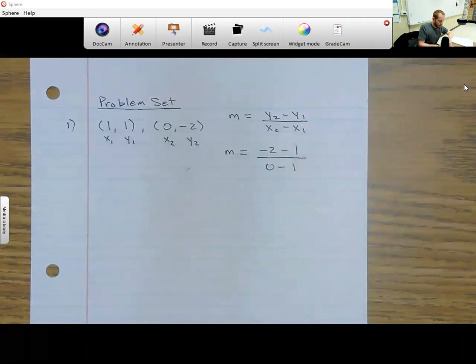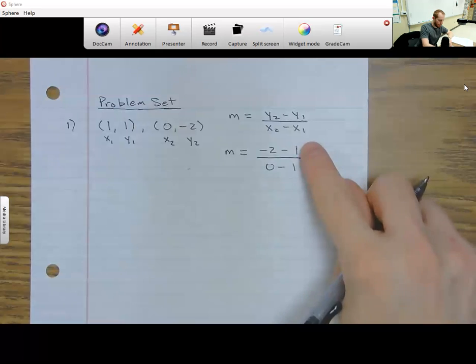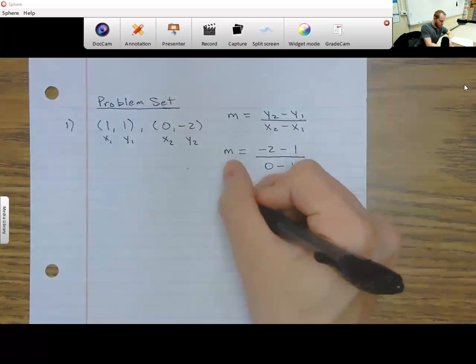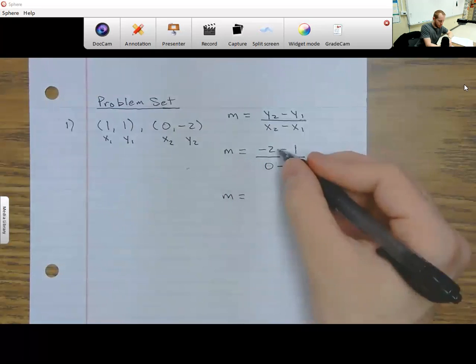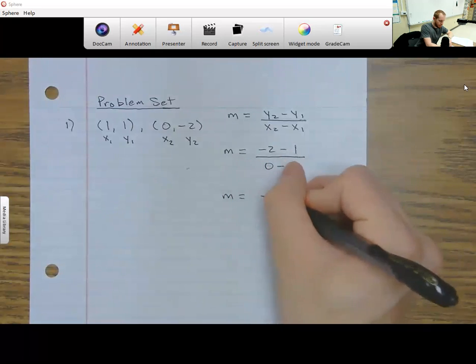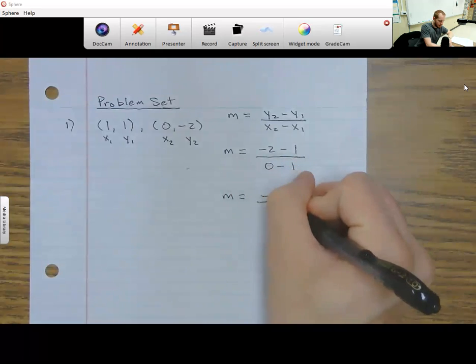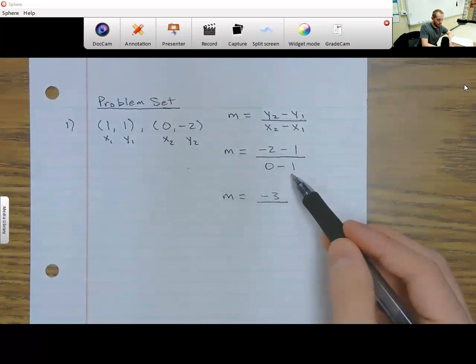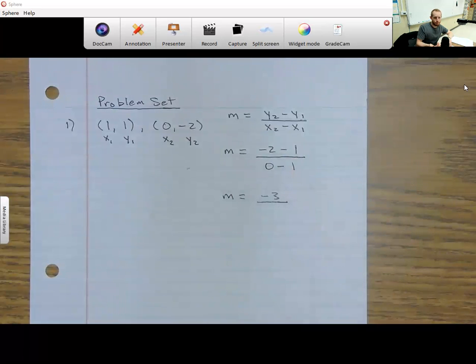Okay. So then I work at the top and the bottom, and then we're going to divide them at the very end. So at the top, I've got -2 minus 1. That's going to give me -3. But then at the bottom, I have 0 minus 1. And we know that that's going to be -1, right?